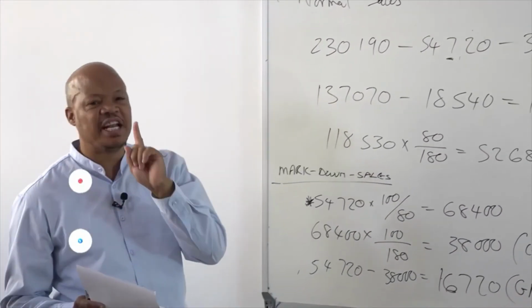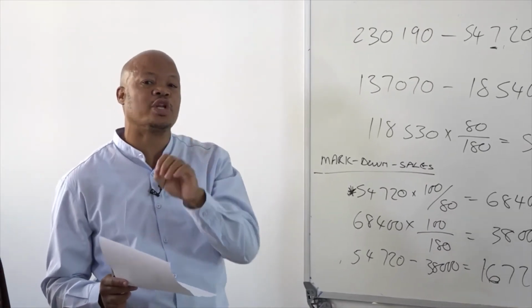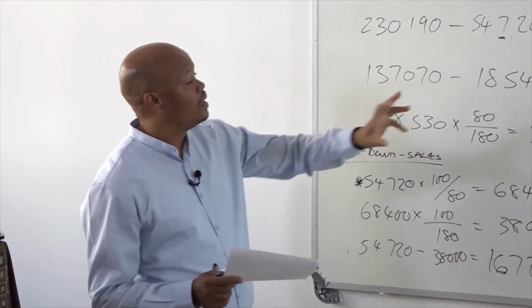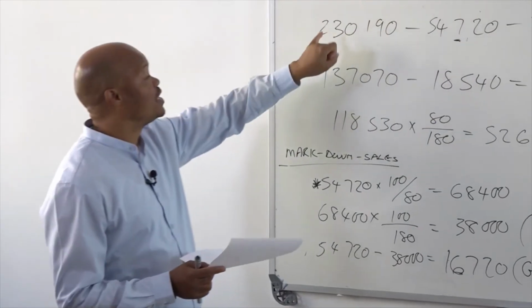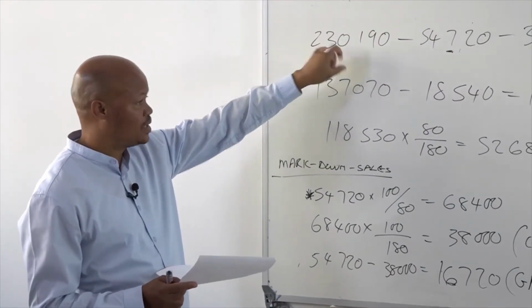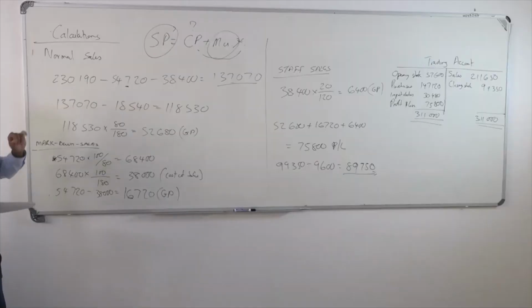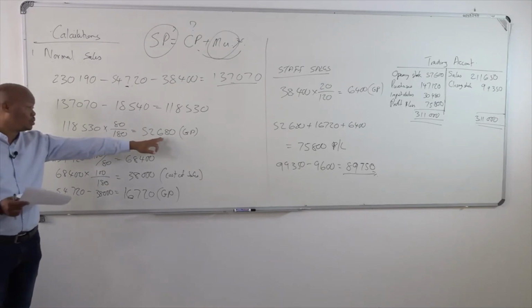Point number 2 of critical importance. You must be given an instruction that says where you should remove your returns. Some activities will tell you to remove the returns from the normal sales. Some activities will tell you to remove the returns from total sales. So you need to watch this, because that will affect your gross profit.